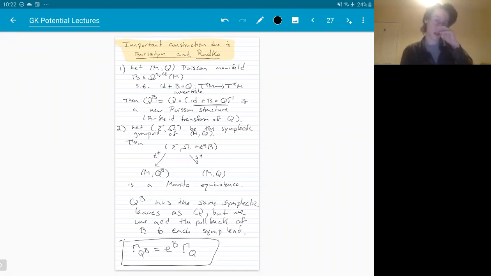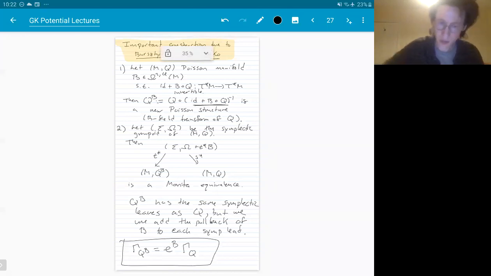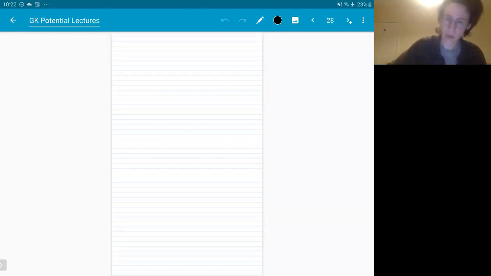So you can do B-field transforms of holomorphic Poisson structures. That will give you a new holomorphic Poisson structure, and those will also be Morita equivalent. It's the same construction that works. Let me now go back to generalized Kähler structures.